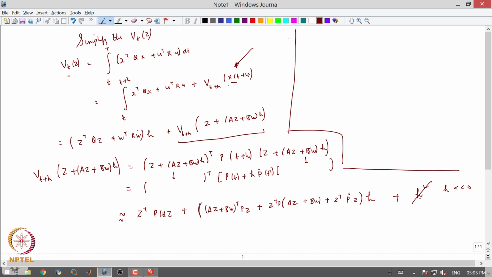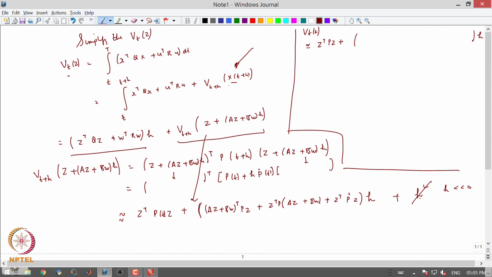So, this V_t(z) can now be written in the following way. The approximation of it, so I am just taking this term plus what I derived over here, which is equivalent to this. So, I will have z transpose P z plus all the terms with a common factor of h.